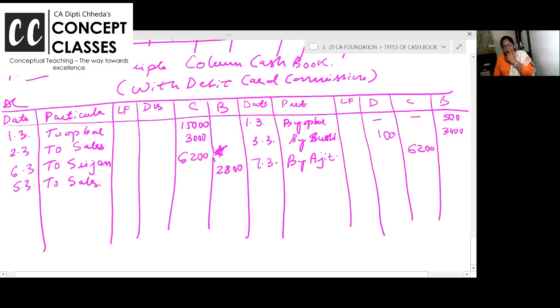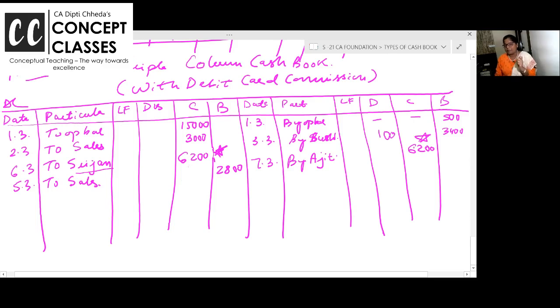Does anyone have any doubt? You may have a doubt, ma'am, this is through bank. No, why are you routing it through cash? Because this check, I didn't put it in the bank. 6,200 is the cash which I have received. And I will put it in the bank. But instead of that, I endorsed it to Ajit. So received from Srijan and endorsed to Ajit.